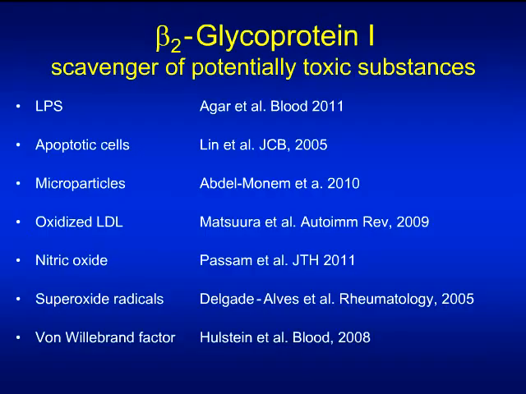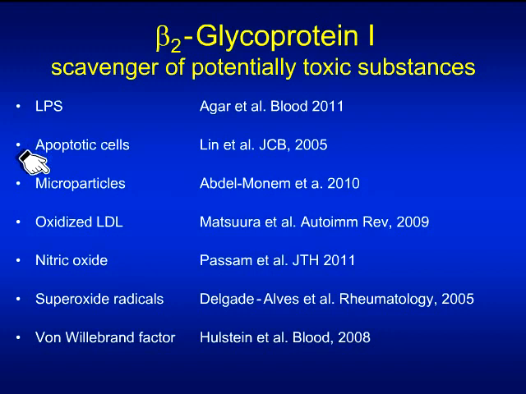And if you go further in your study and look back in the literature, you can see that beta-2-glycoprotein 1 is in fact a scavenger for potentially toxic substances that are present in your circulation. There are publications showing that it is involved in the clearance of apoptotic cells, and a number of nice publications showing that it is involved in the clearance of microparticles.